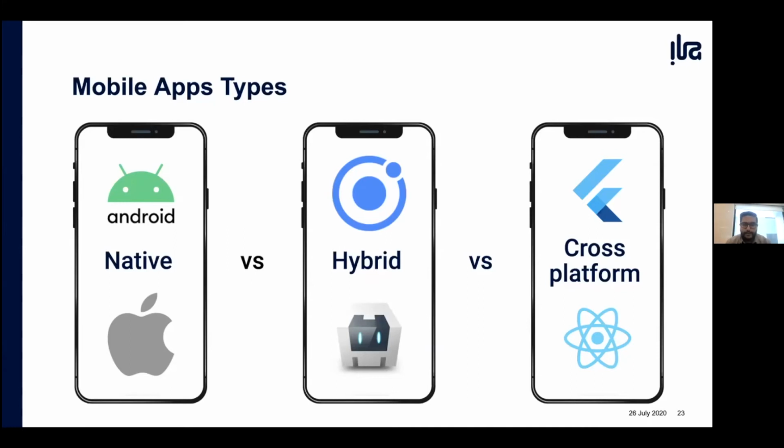However, I will try to simplify what the differences are between them because there is no right answer. So I cannot say native applications are better than hybrid applications. It might be that your business needs and your startup needs will prefer a hybrid application, as it will be low cost and all these kinds of things that I will explain now.